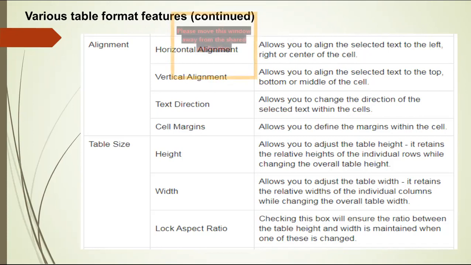Okay? So, pwedeng pahalang, mga ganun, yung vertical, ganun yung alignment or text direction ng cell. Okay? Ng text sa loob ng cell. And cell margins allows you to define the margins within the cell.